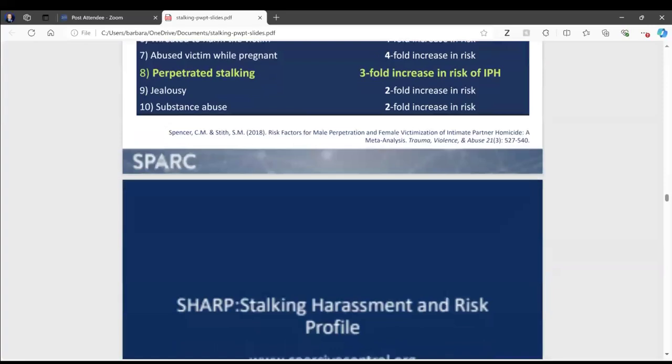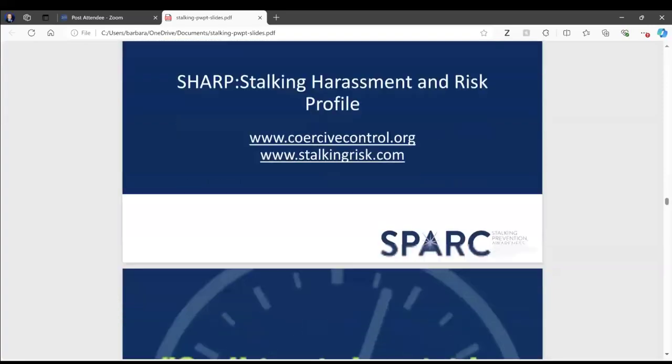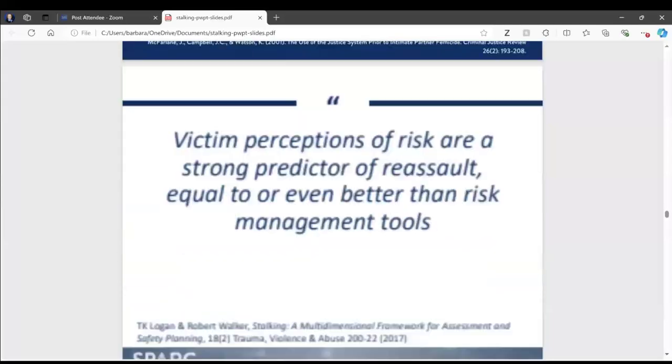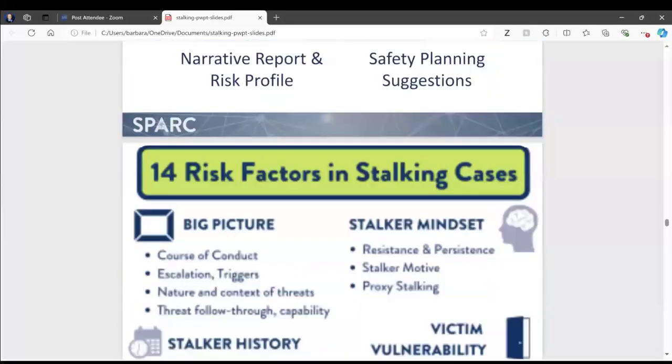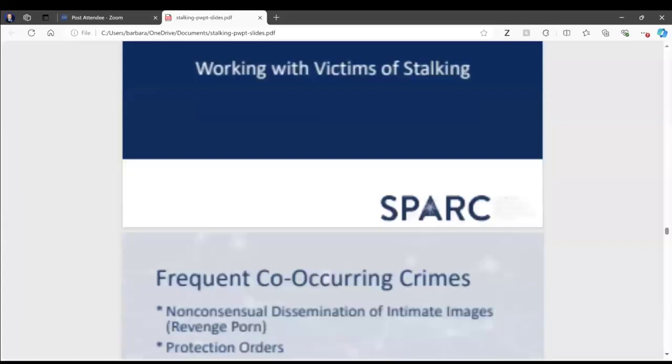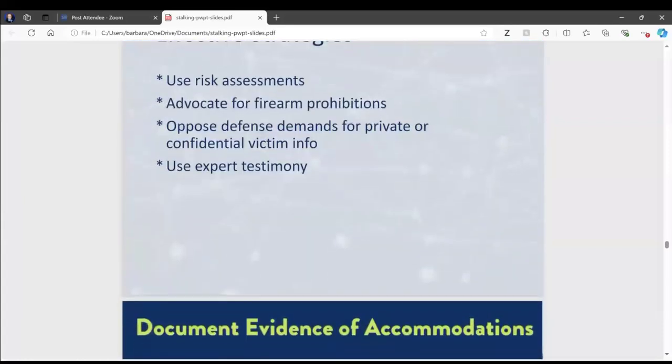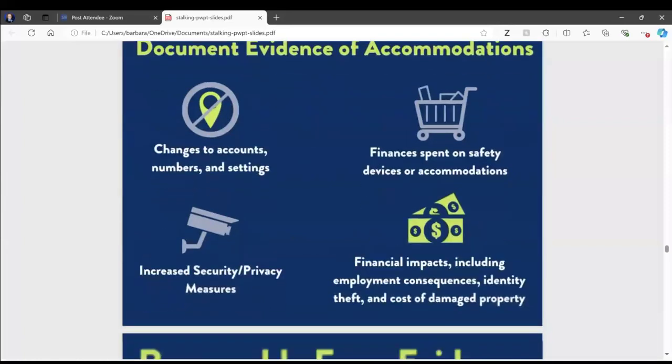Okay. I'm going to scroll through this because what I want to talk about now is some of the things that you can do to help your clients as far as documenting the evidence. You want to make sure that your clients are looking at their phones. We have smart devices everywhere.